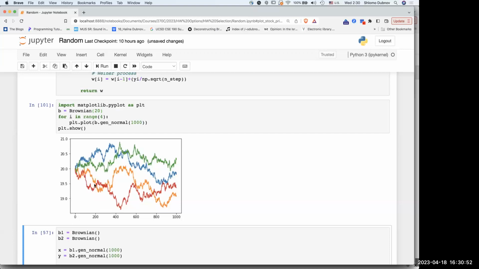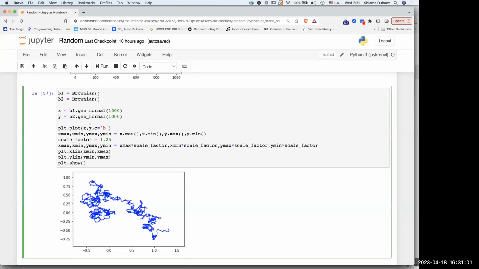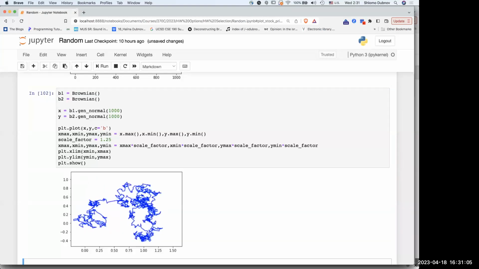Now, if you want to see this in 2 dimensions, basically here we have 2 Brownian motions. We just plot one as x and another one as y, and so they're kind of independent. But it's nice to see because now you have a 2-dimensional random walk, one on this axis, one on that axis. If we had a 3-dimensional plot, you can see basically some kind of a random drunken walk in 3 dimensions.